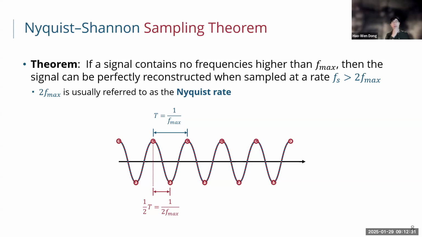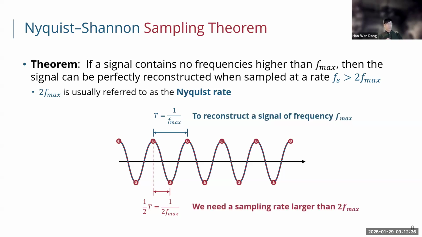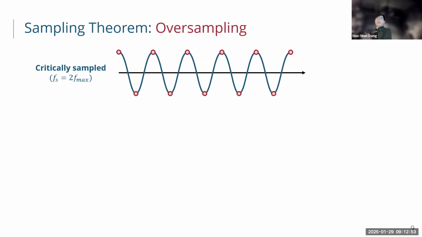There are many ways of thinking about the sampling theorem, but basically it determines the minimum sampling rate that you need. To put it simply, to reconstruct a signal of frequency f max, we need a sampling rate of at least 2 f max. We can look at this as critical sampling: you get all the peaks and the negative peaks, then you can guess what the original frequency is.